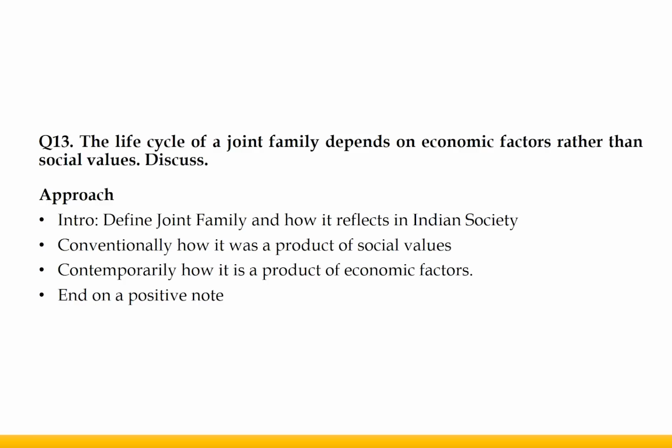The life cycle of a joint family depends on economic factors rather than social values. Discuss. The keywords in this question are life cycle of a joint family, economic factors, and social values.